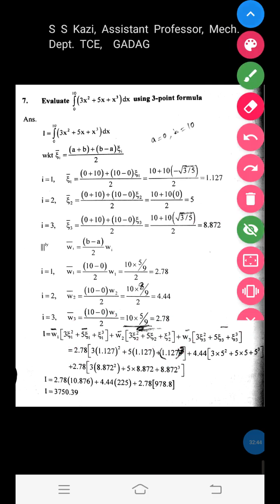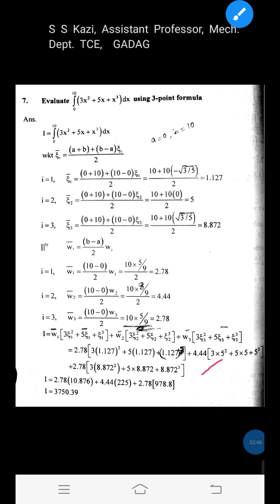If we calculate this expression, we will get I, the value of this integral, as 3750.39. This is the value of this given integral from the limits 0 to 10 using the 3-point method.